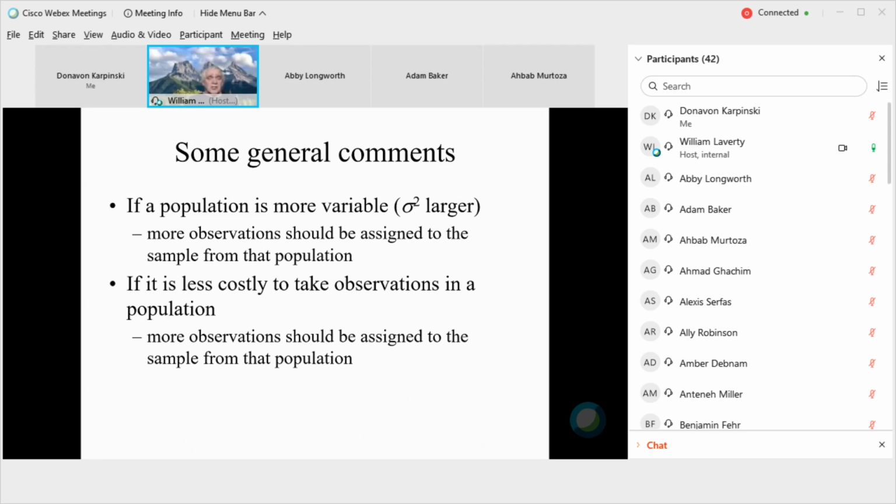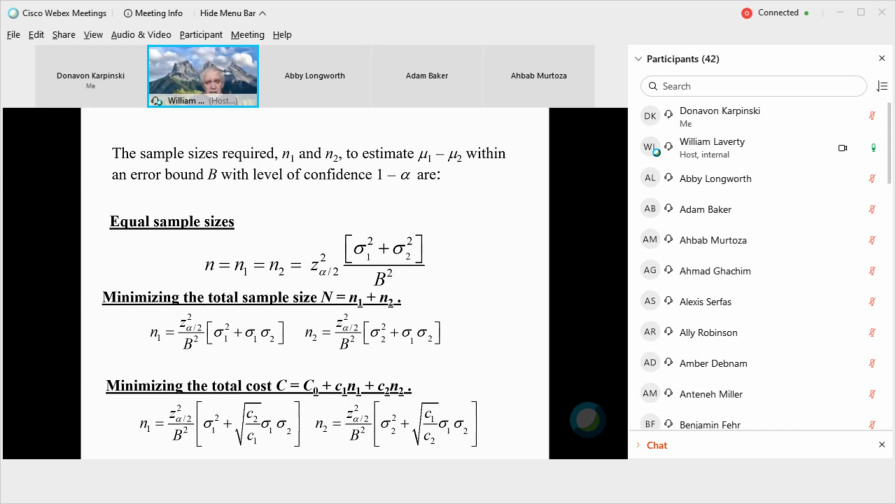More observations should come from that population than from the other one with the smaller variance. If it's less costly to take observations in a population, more observations should be assigned to the sample from that population. You can see that in the formulas for N1 and N2.